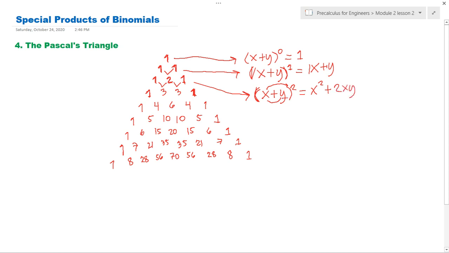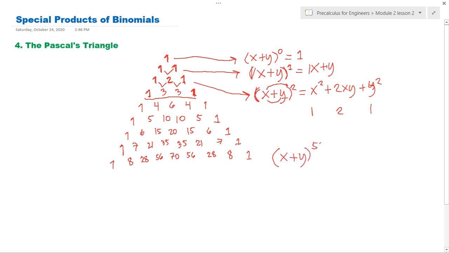Then square the last term, so we have plus y squared. As you've noticed, yung coefficient natin is 1, sa second term is 2 and then 1. So therefore, it agrees with our pattern in the Pascal triangle. So if you continue hanggang x plus y raised to the power of 3, this is also the pattern: 1, 3, 3, 1.